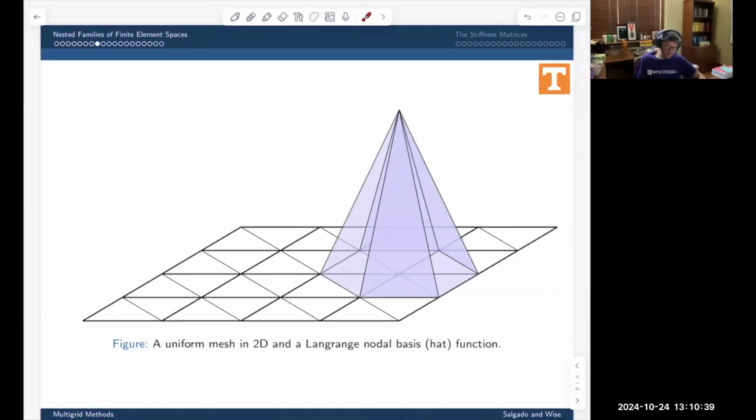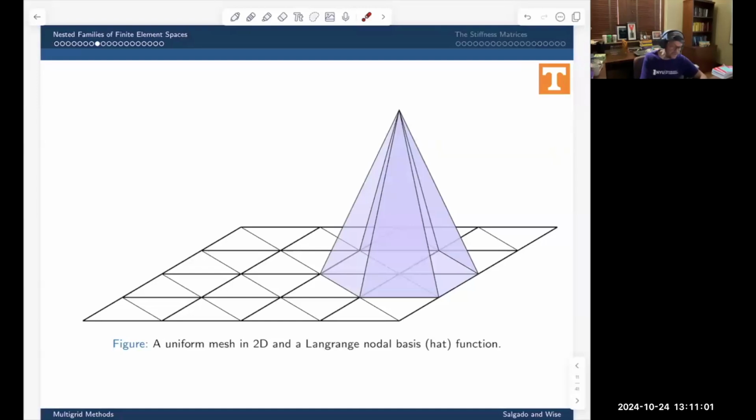Here's another example. This one is using a nice regular uniform mesh. By the way, this is drawn in projection here. So this is like the x-axis, and this is like the y-axis. This should be the mesh of a square, but it's drawn in projection so that you can see what this thing looks like.